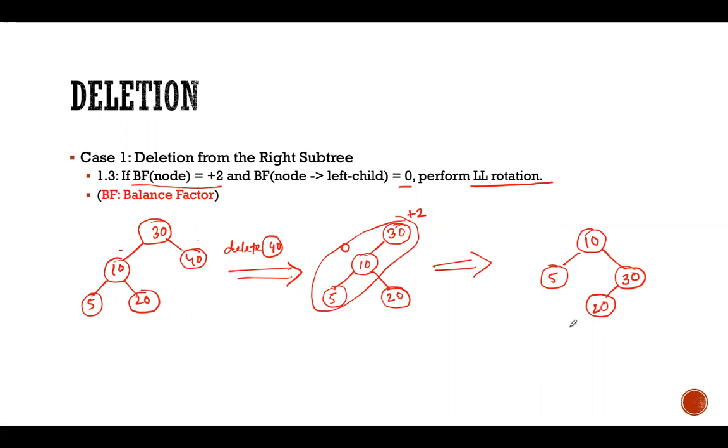You are deleting from somewhere, and based on that, you find out which node gets unbalanced. You calculate the balance factor for that unbalanced node, and you calculate the balance factor for the left child if you are deleting from the right subtree. So based on the condition, you are going to decide which rotation to do.